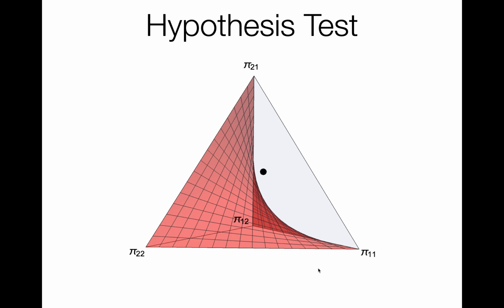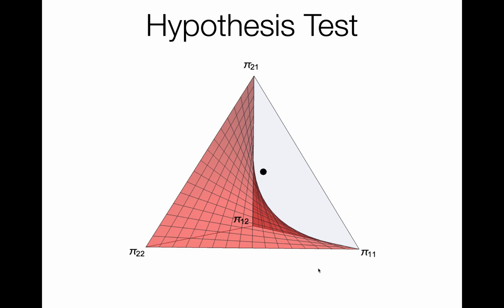Specifically, here I'm in 3 dimensions, so it represents a 2 by 2 contingency table. And so all possible 2 by 2 contingency tables are different points inside this simplex thing, whatever that is. Okay, so it looks like a pyramid. It's not a pyramid. It's called a simplex.